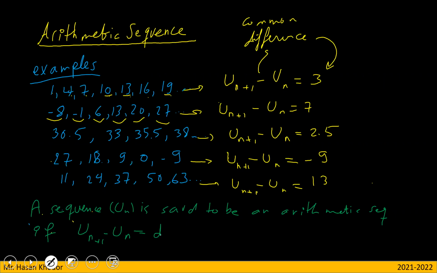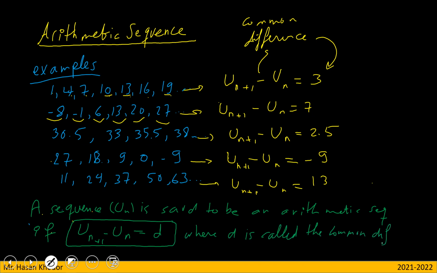Let's call it D. If every time we subtract two consecutive terms we get the same answer, D is called the common difference.